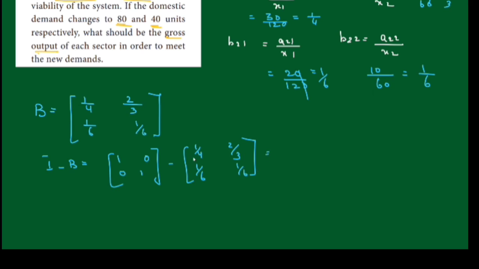So 1 minus 1 by 4 is 3 by 4. 0 minus 2 by 3 is minus 2 by 3. 0 minus 1 by 6 is minus 1 by 6. 1 minus 1 by 6 is 5 by 6.